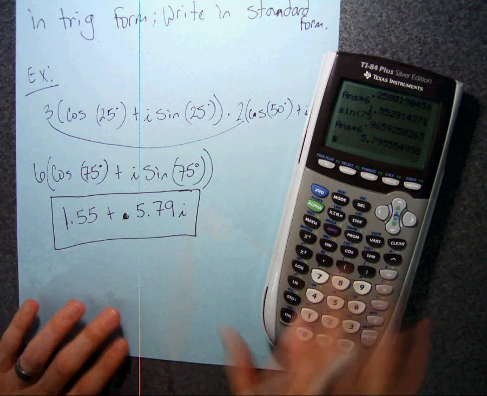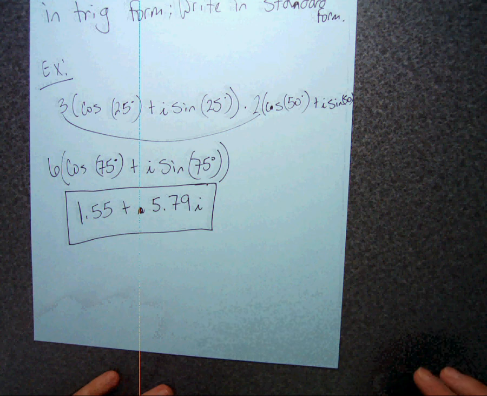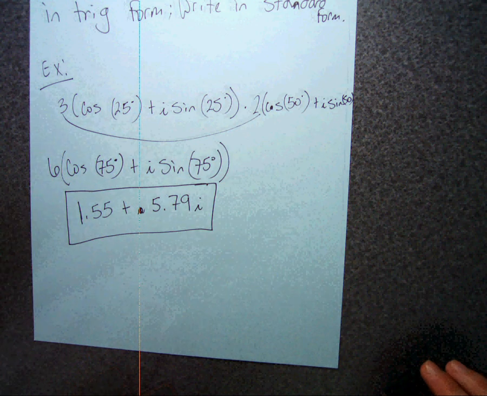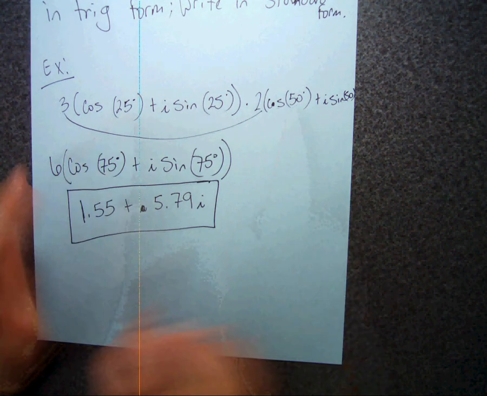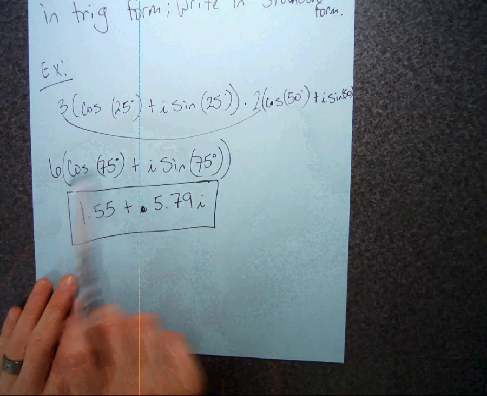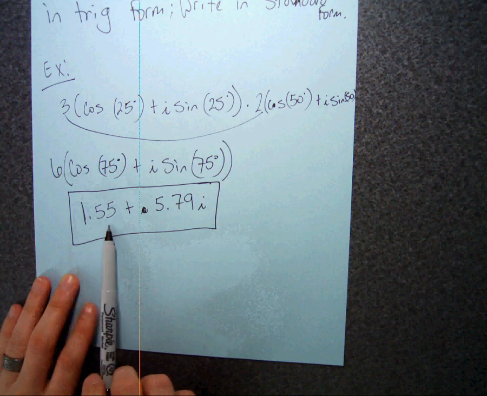So you just simply multiply the r values together, add the angles together, and then I figured out what cosine of 75 was times 6, gives me 1.55, and then figured out what sine of 75 was times 6, gives me 5.79, and then I.